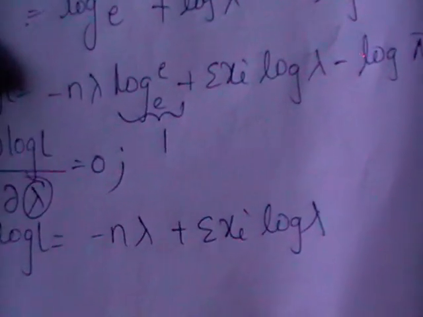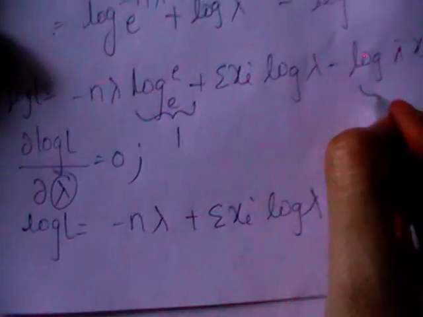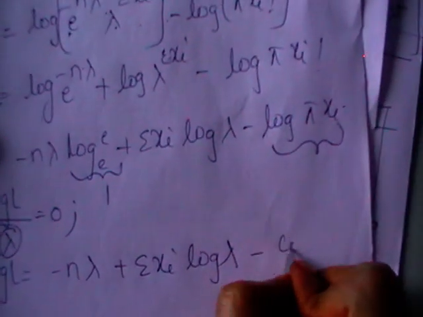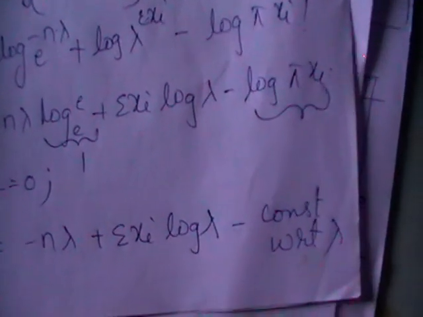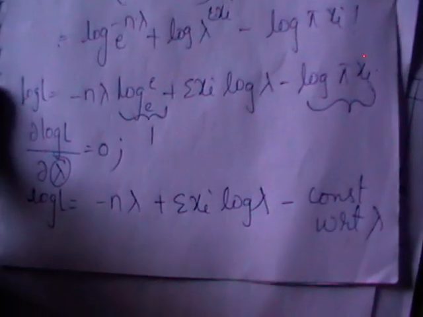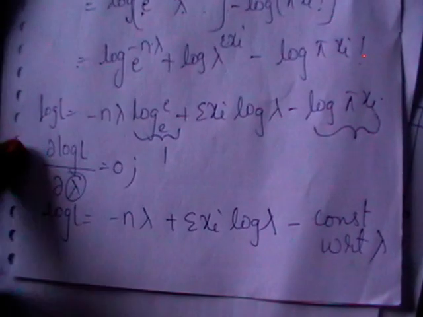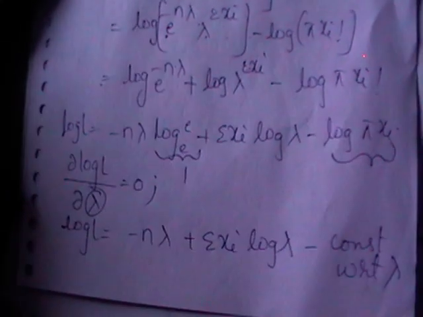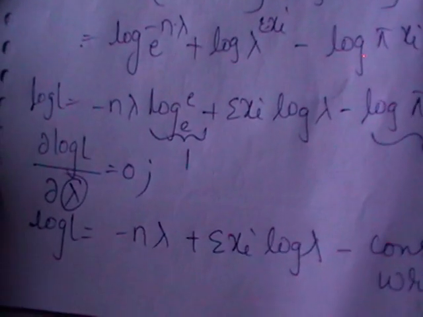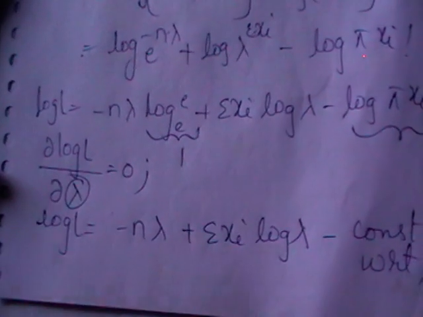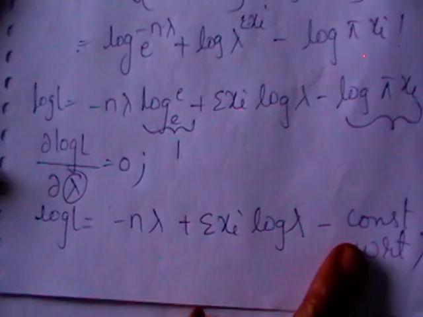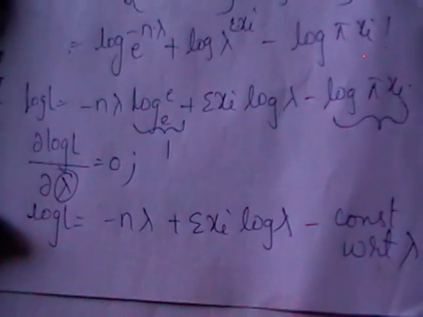As you are finding the derivative with respect to lambda, there is no lambda in the last term, so you can treat it as a constant with respect to lambda. After writing log L, identify what you need to maximize with respect to lambda. As we are considering lambda as the variable with which we are going to differentiate, the terms which don't involve lambda can be treated as constants.